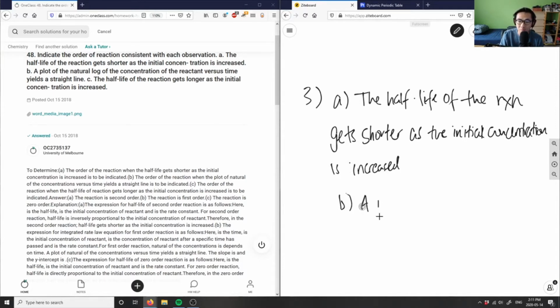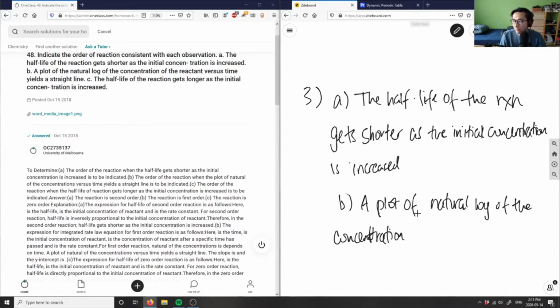B is stating a plot of natural log of the concentration of the reactant versus time yields a straight line.